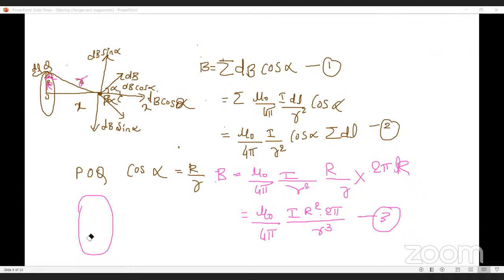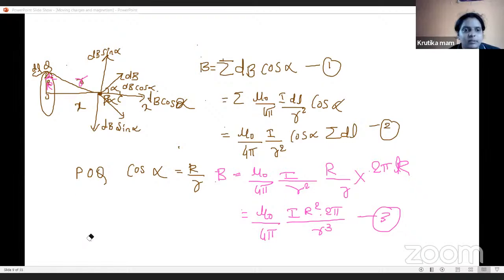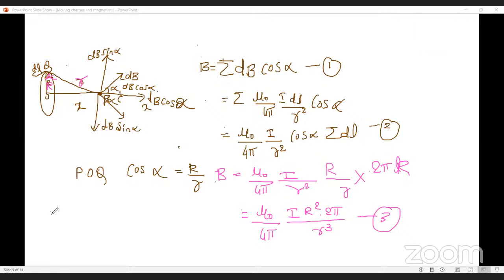Yes, ma'am. Okay. So see here, from the right angle triangle in the figure, according to the Pythagoras theorem, I can write r square is equal to r square plus x square.